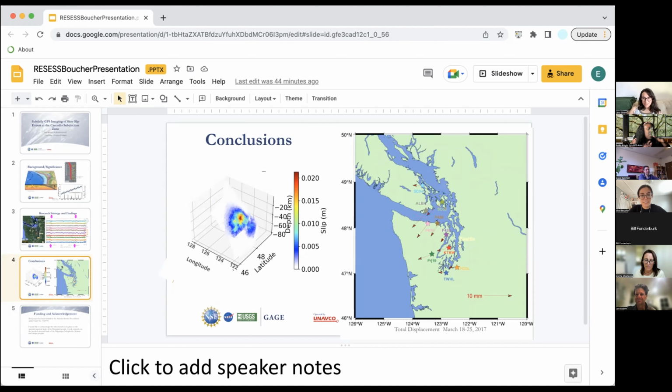I had a question. So you said that the area of the most slip corresponded with the area kind of where the water inlet is. Do you think that the presence of all the water there over the plate could have anything to do with that? Or do you have any hypotheses on why that might be? That would be an interesting thing to look into.